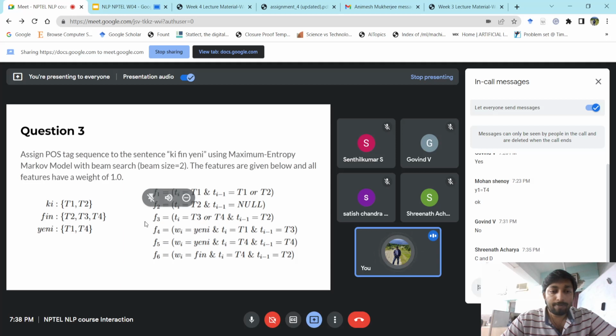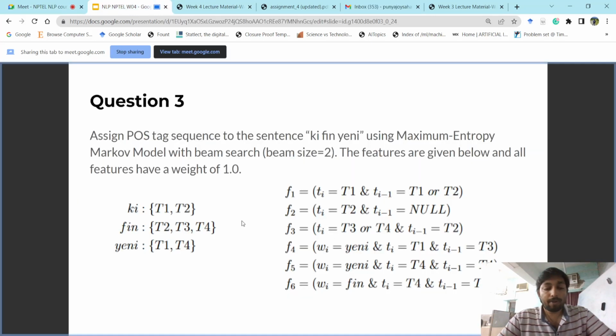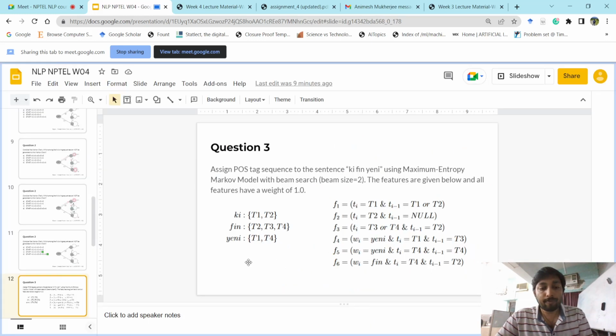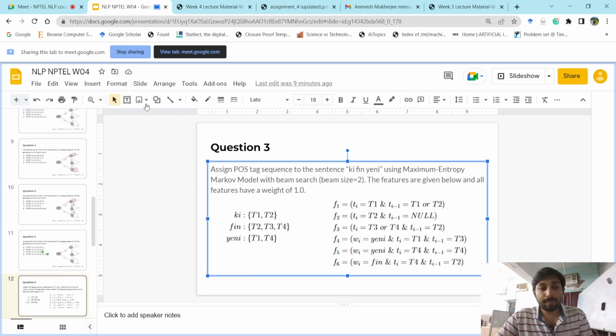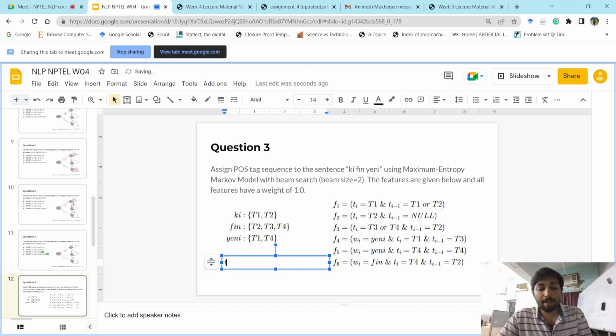There are different features, which are 1 or true only when a condition is satisfied. So, for example, when will the F1 criteria be satisfied?